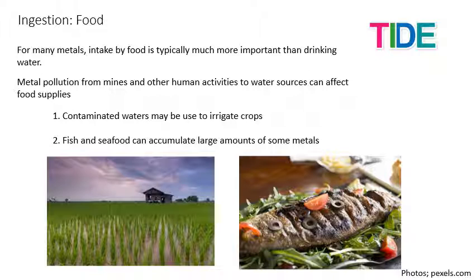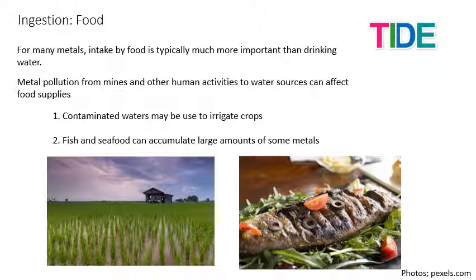However, it's actually the ingestion of food that is the most important exposure route for most heavy metals and most people. And so we're going to consider how heavy metals from various environmental sources can end up in our food supplies.